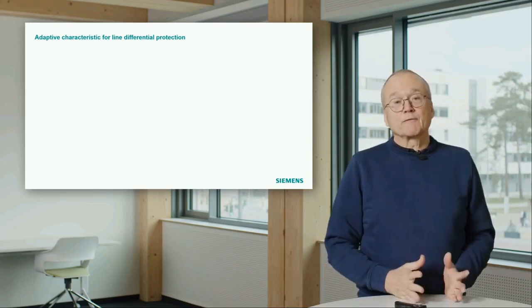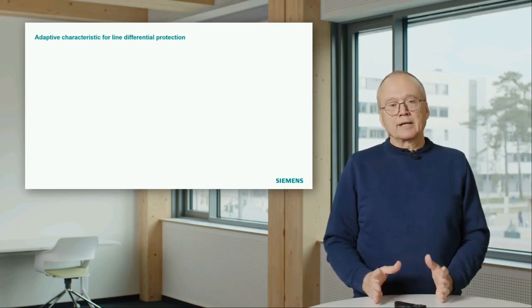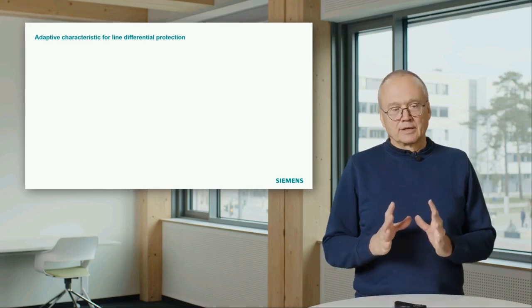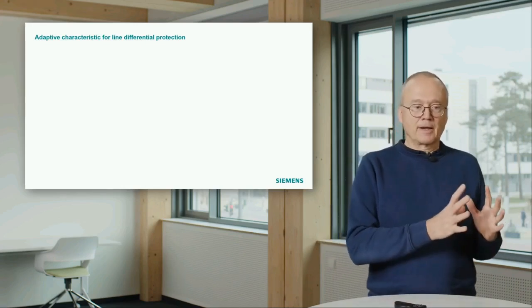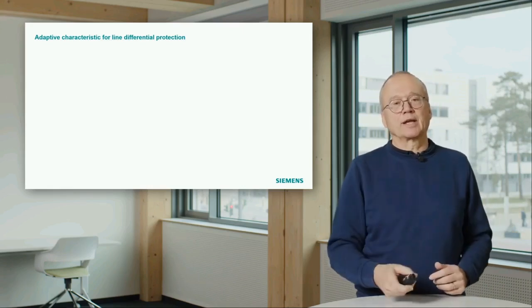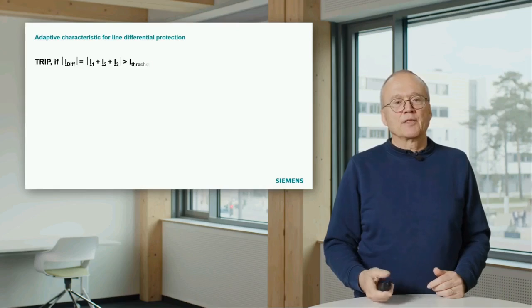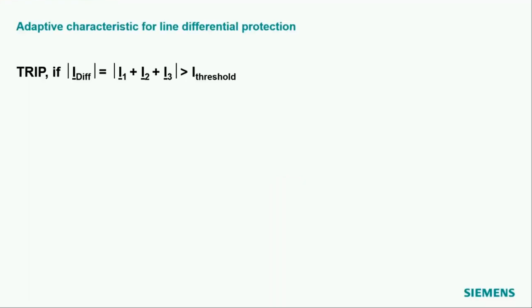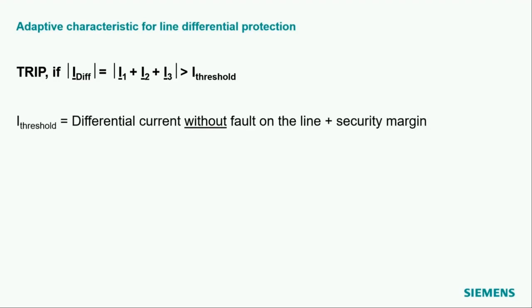I mentioned already in the first part, we use in our line differential protection not the traditional differential current and restraint current characteristic. We have an adaptive scheme. That means, that is again the principle, we trip if the differential current is above the threshold, and the threshold should be the differential current without a fault on the line plus some security margin.